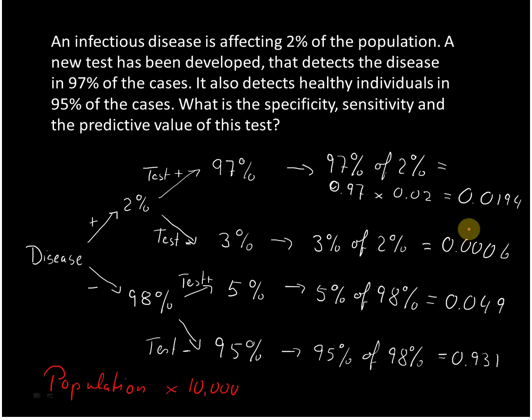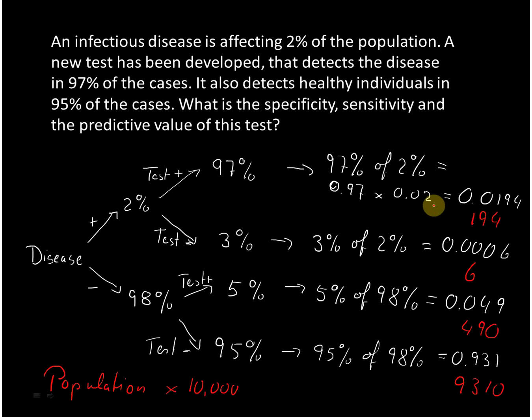So 0.0194 times 10,000 gives us 194 people. This number times 10,000 gives us 6 people. This gives us 490 people. And this would give us 9,310 people. So we have a nice list, and we can convert these numbers now into a contingency table.